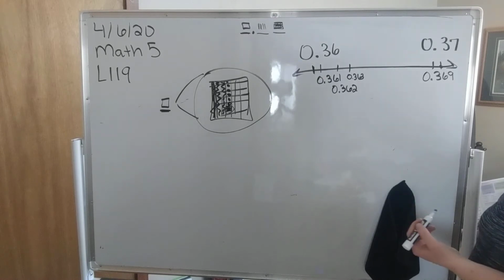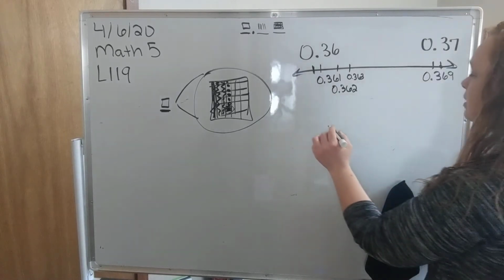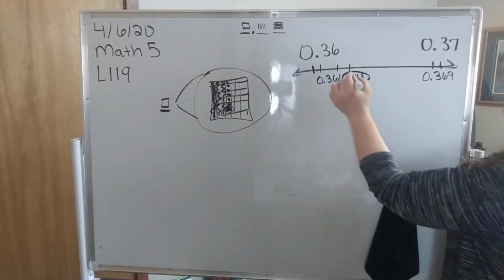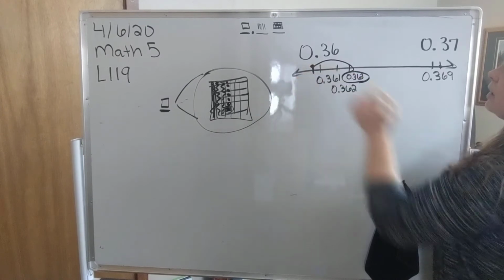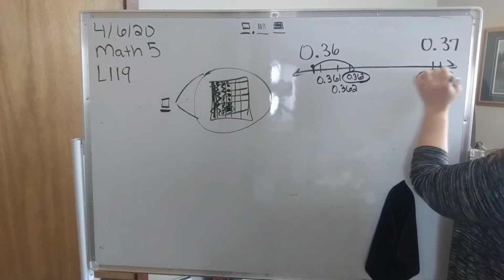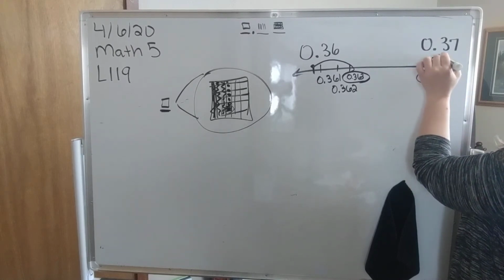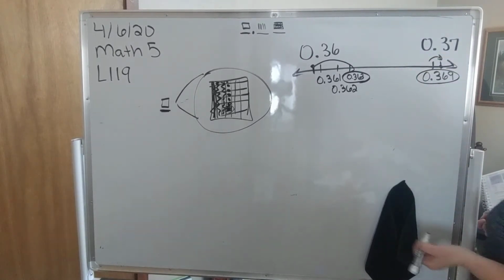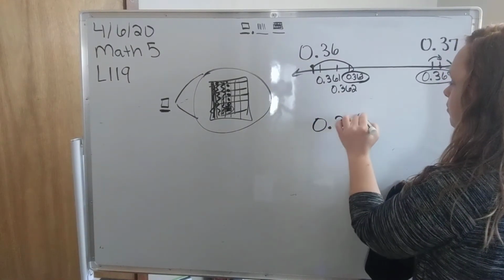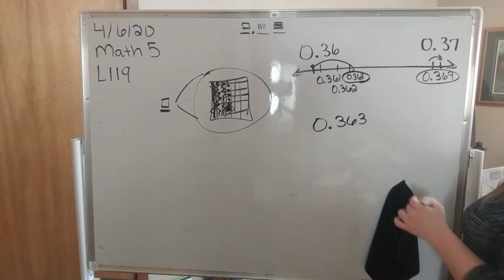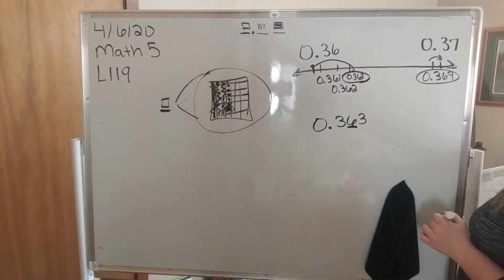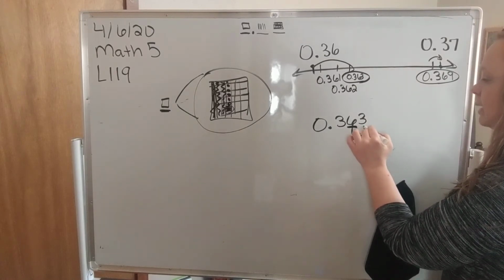Okay, so when we round, it's the same concept. If I wanted to see where this one rounds to, well, I would say it's actually closer to 0 and 36 hundredths. If I wanted to round this one, I would say it's closer to 0 and 37 hundredths. So how would we do that without a number line? Well, when I look at this number and I'm asked to round to the hundredths place, I look to my neighbor.